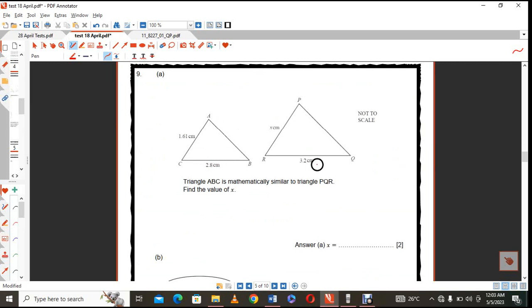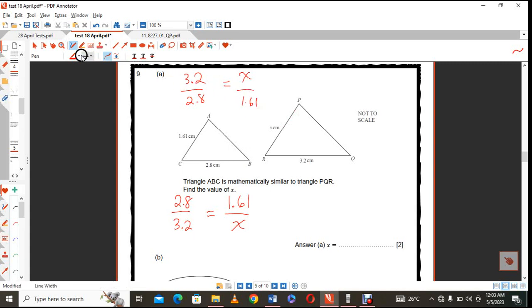As you can see, this 3.2 is corresponding to 2.8, so I can go ahead and put the 2.8 over the 3.2, small over big, and then the small 1.61 over the big one, or the other way around. Someone else could have said the big one over the small one, because the x is big, over the small one, which is 1.61.